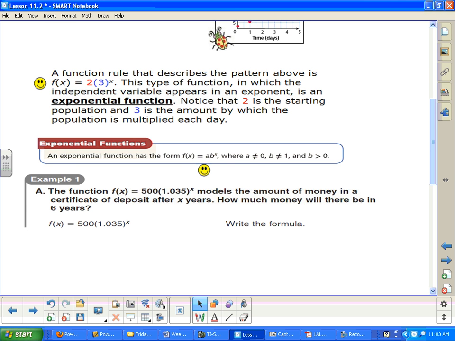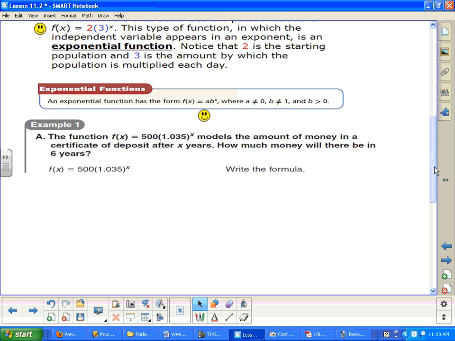So it says, how much money will there be in 6 years? What do I do to find out how much money there's going to be in 6 years? Put a 6 where the x is. Very good.